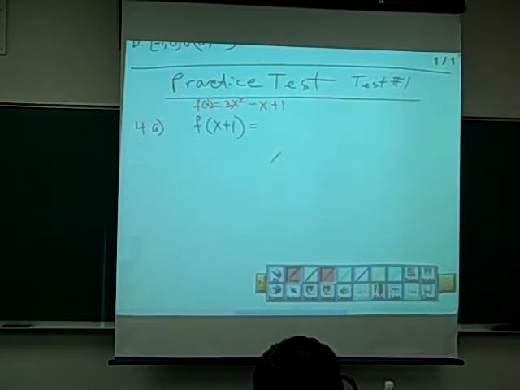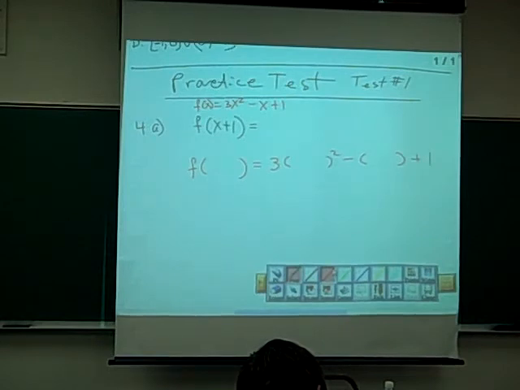So we're taking that f of x and cutting out the x, put parentheses. Equals 3, cut the x out, put parentheses, squared. Minus x, put parentheses, and then plus 1. Inside there, we put the x plus 1 wherever we have parentheses.